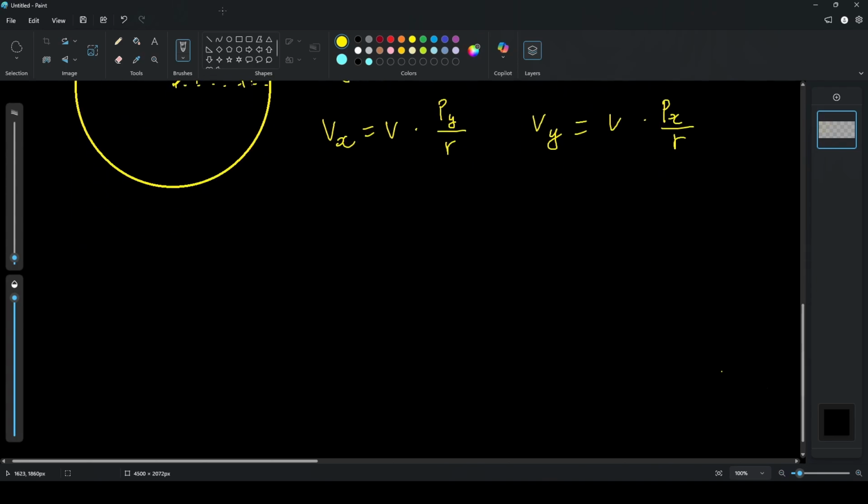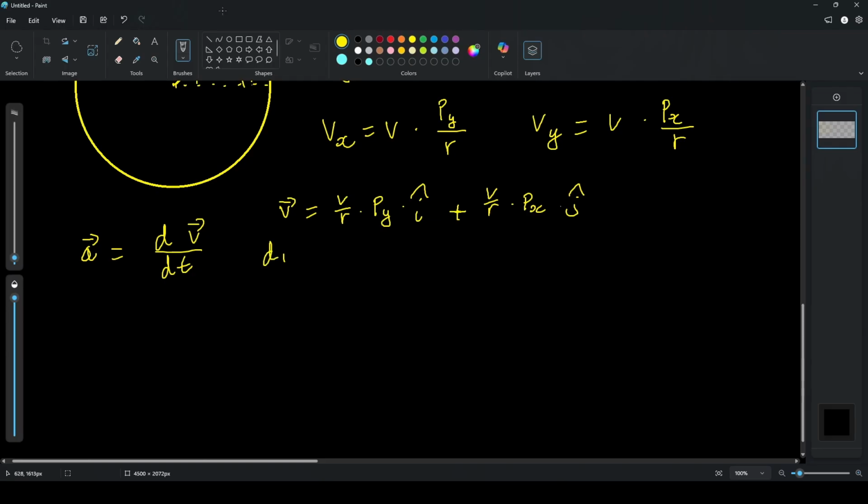Now we finally get to acceleration, and we know that acceleration is the derivative of the velocity with respect to time. Now the velocity in terms of vx and vy with these values, so the velocity vector would be represented by v over r times py times i hat, and so on. Now, if we differentiate this vector, dv by dt, we would be differentiating these variables individually.